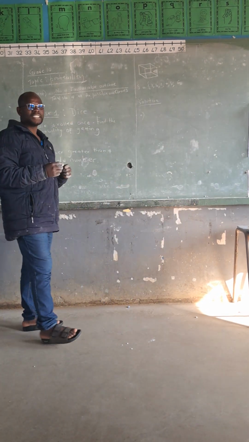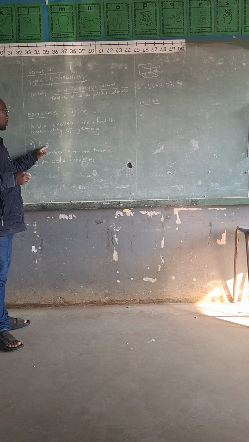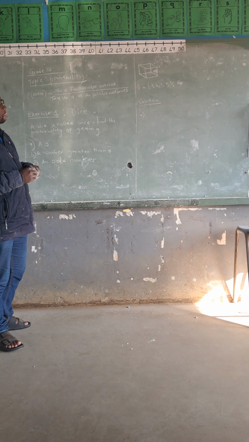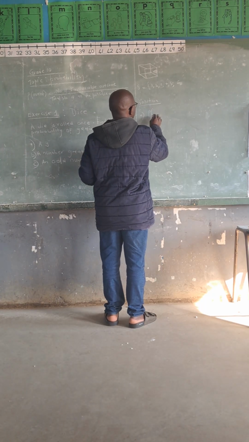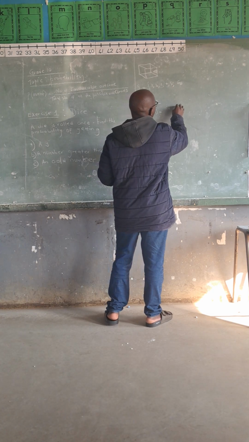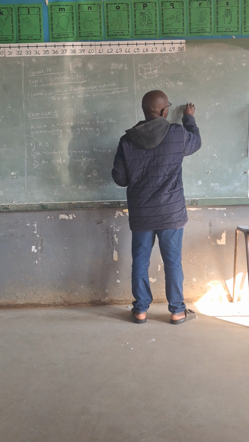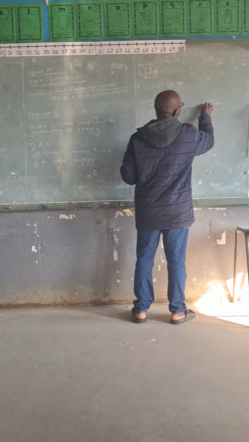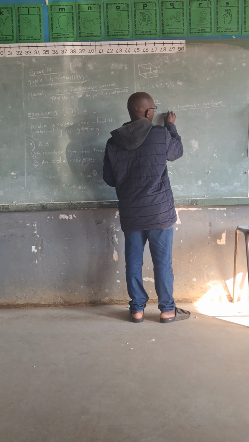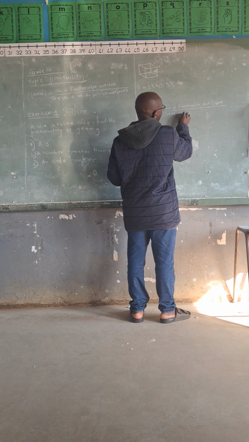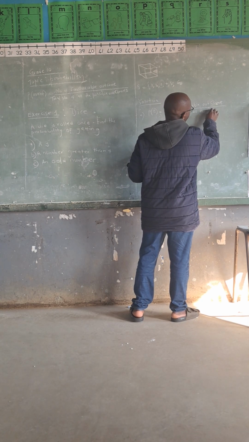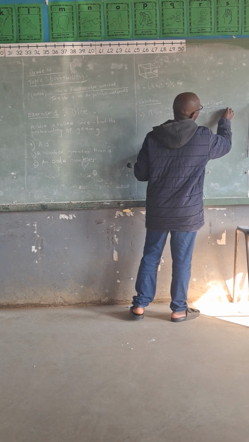If a die is rolled once, the probability of an event is equal to the number of favorable outcomes, divided by the total number of all possible outcomes.